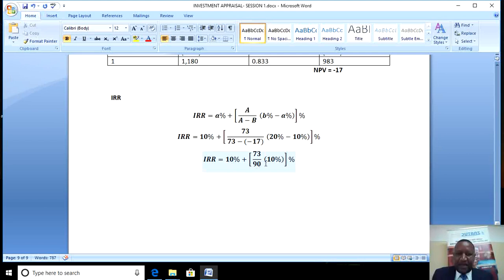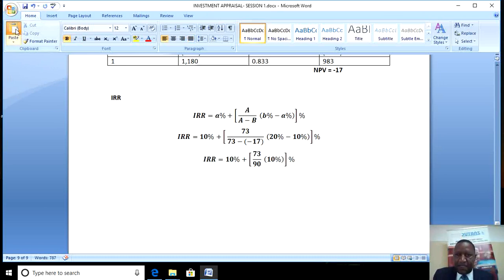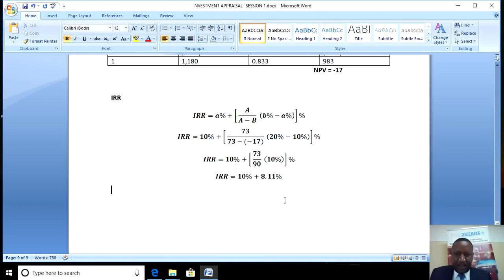So the internal rate of return will be 10% plus 8.11%. So put everything together, your internal rate of return is going to be 18.1%.